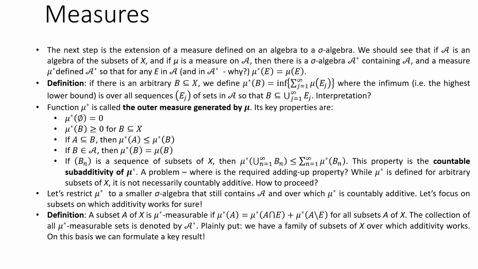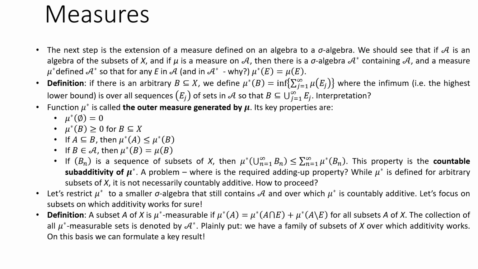To do so, we seek sequences of sets in the algebra, and we define the measure for the sigma algebra as the infimum of the sum of the measures of these series of subsets. The measure for the sigma algebra is going to be the infimum of these possibilities.